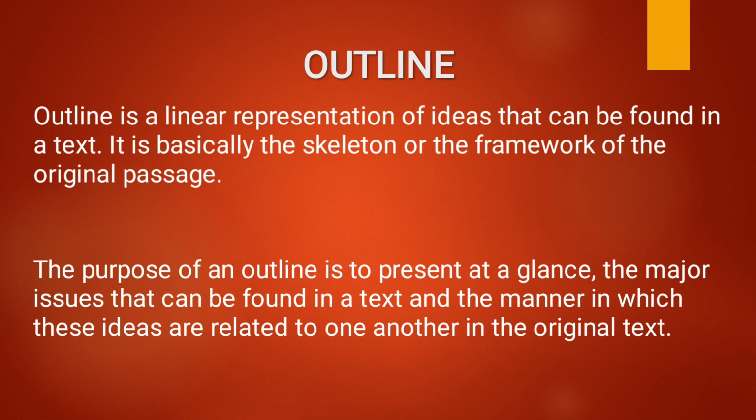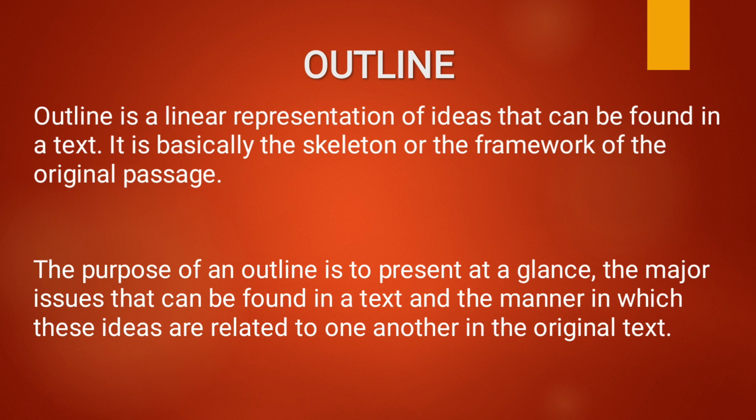No. Your outline must conform to and convey an idea of the entire original passage. So when you're outlining, you have to make sure that whatsoever you have put down conforms to the entire passage.